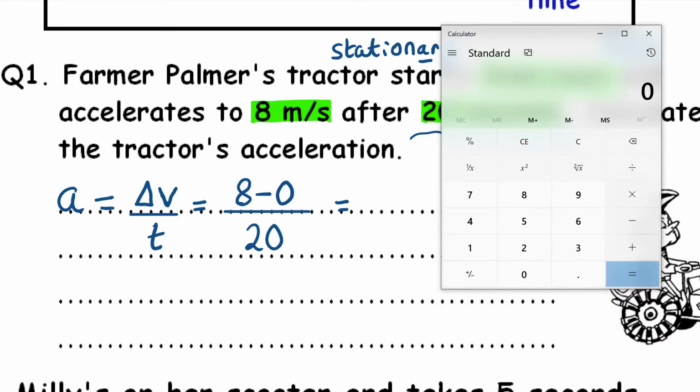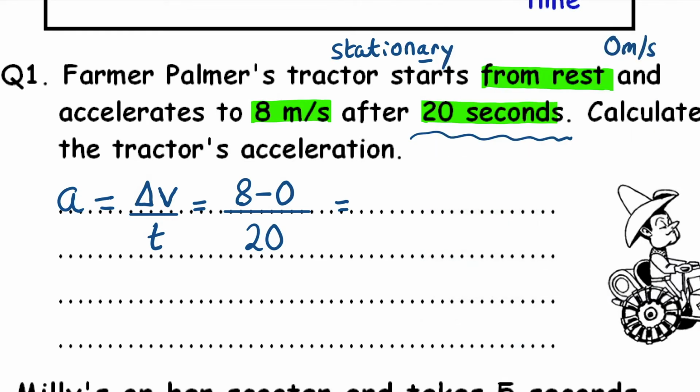So I want to divide 8 by 20, as I said, the same as 4 over 10. 8 divided by 20 is 0.4. And of course, remember the correct units.